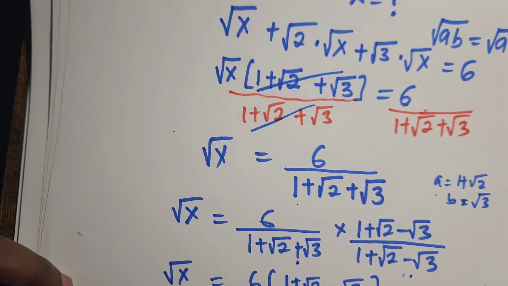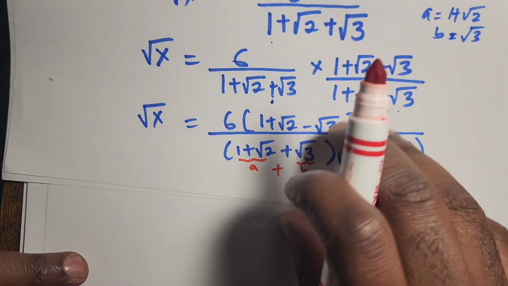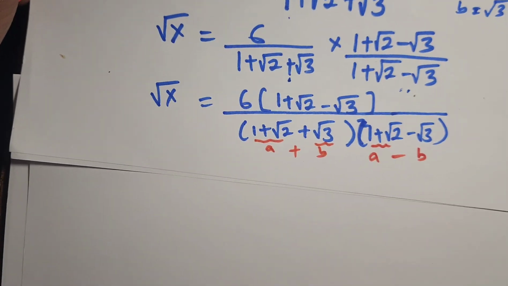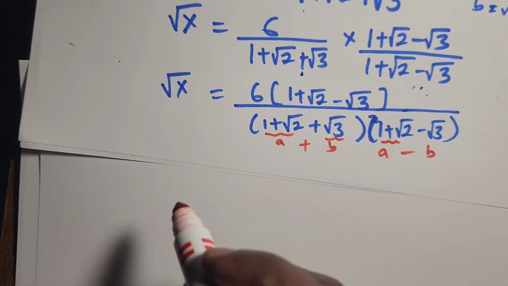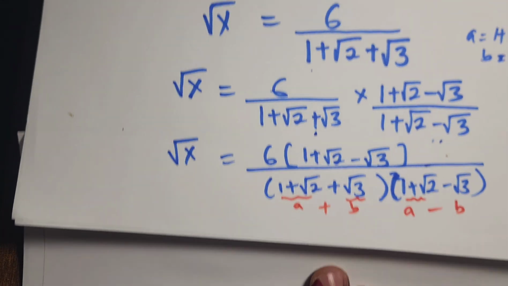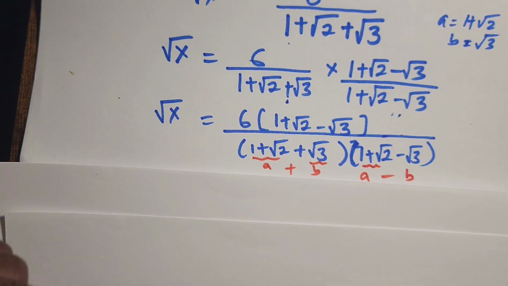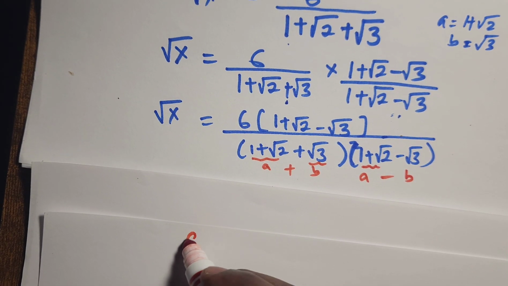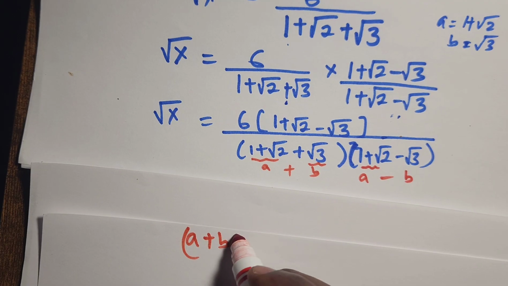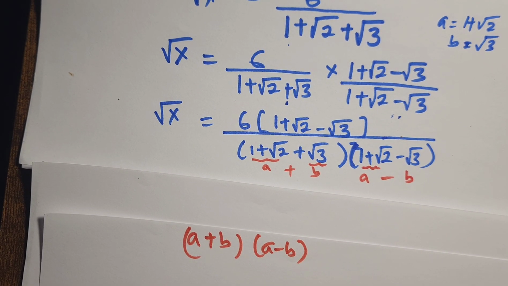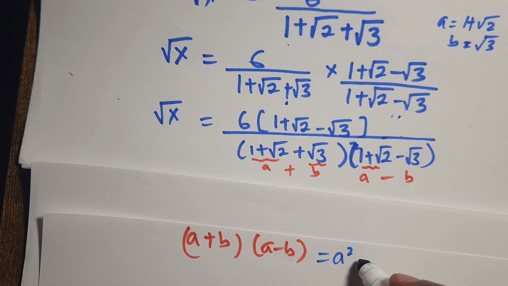So what I'm going to do from here is that I have this rule that says a plus b multiplied by a minus b. This is the rule of difference of two squares, which is going to be a squared minus b squared.